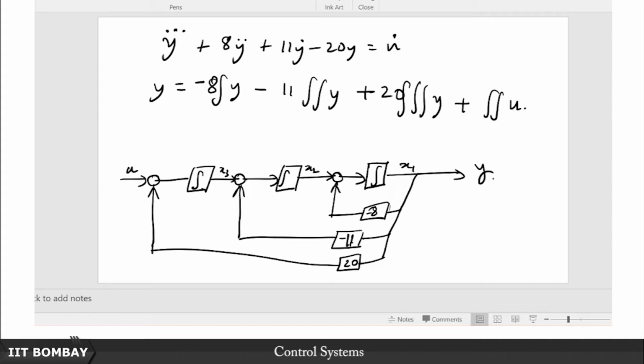So this u, this channel I cannot connect here, because this u does not come in here, the u only joins in after this point.